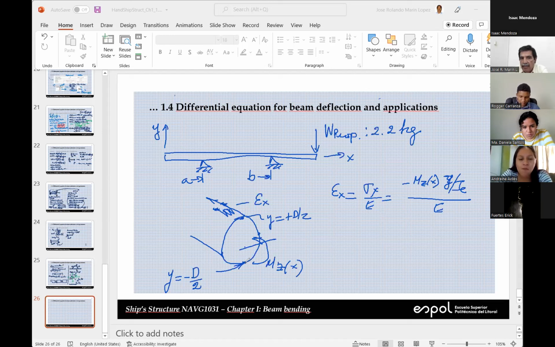So we can say that epsilon at the top minus epsilon at the bottom. In this case, minus M is constant, E I. Now, when it's at the top, this is D over 2. And when it's at the bottom, we are doing a negative, it's going to be minus D over 2.